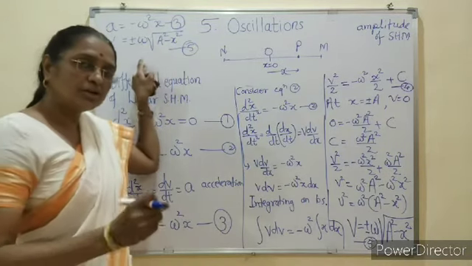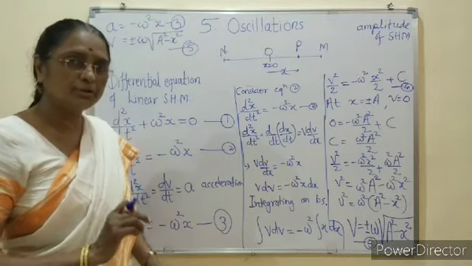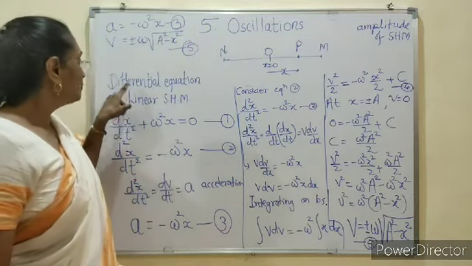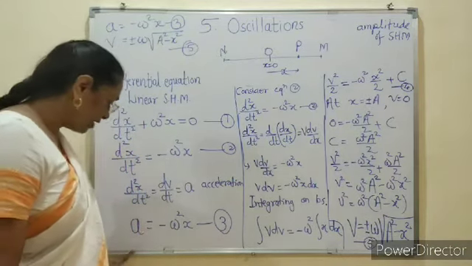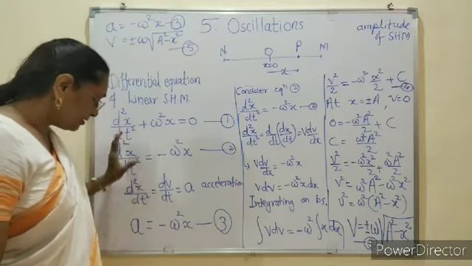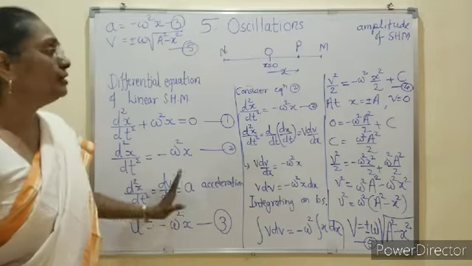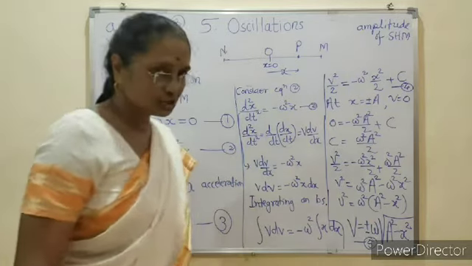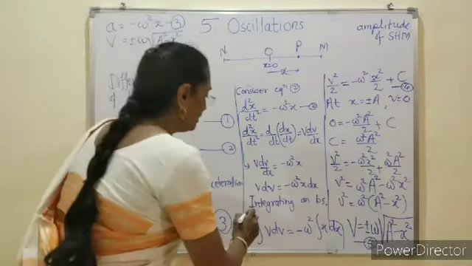Now here, as a simple revision, from the differential equation we have derived the equation of acceleration. For that a simple step was used, but for the derivation of velocity we have used integration.